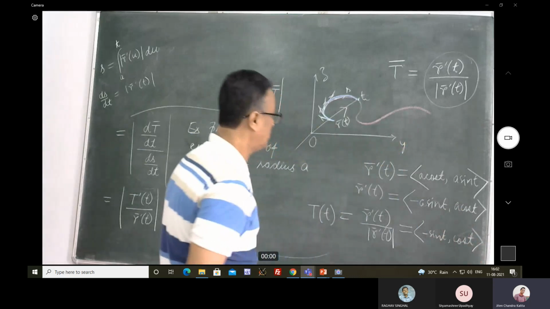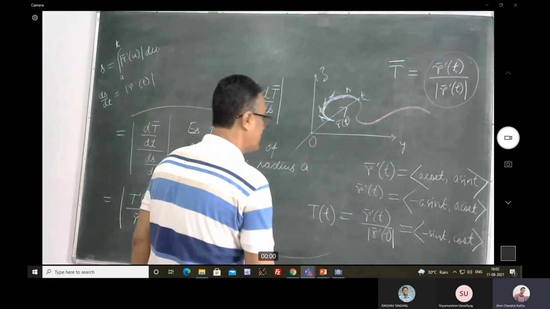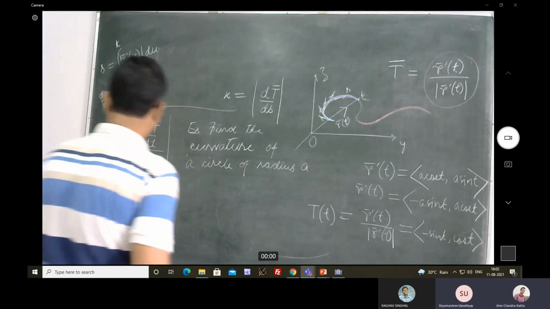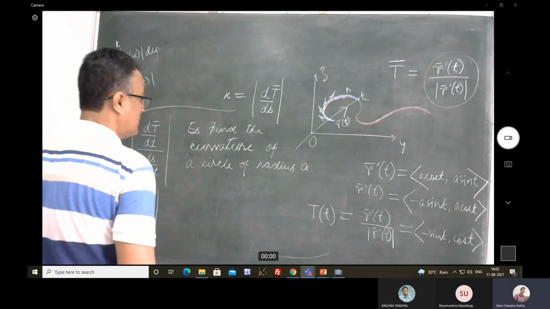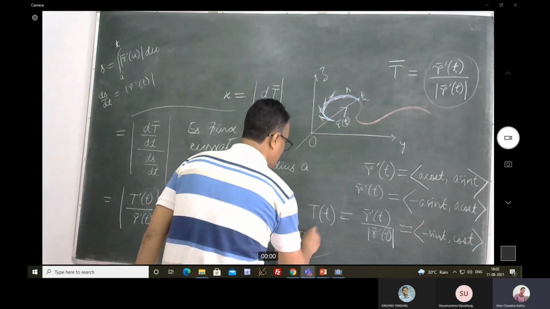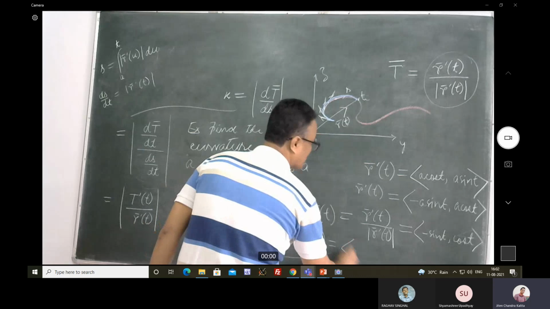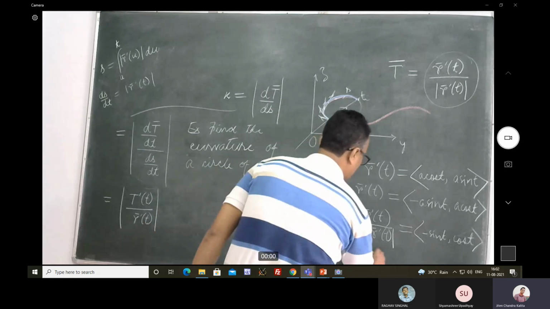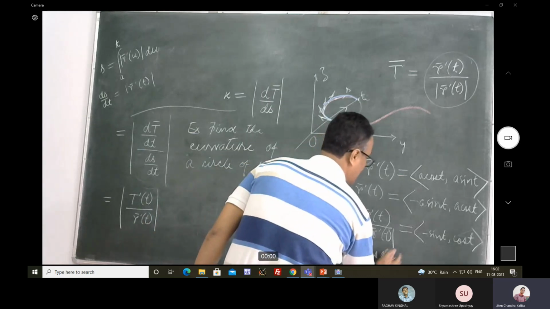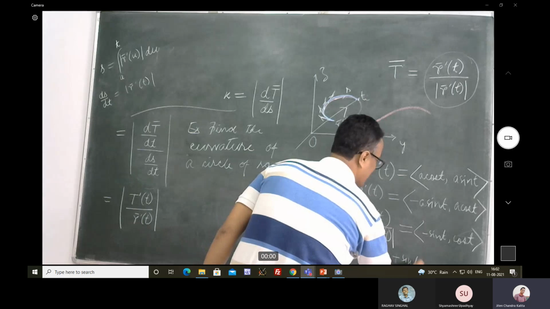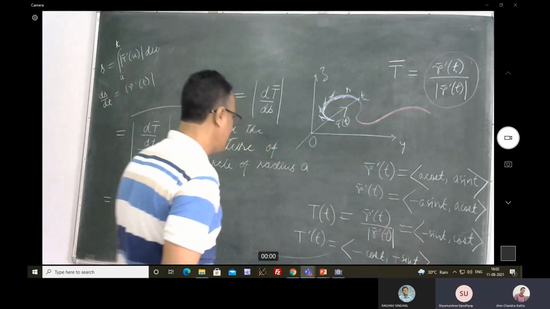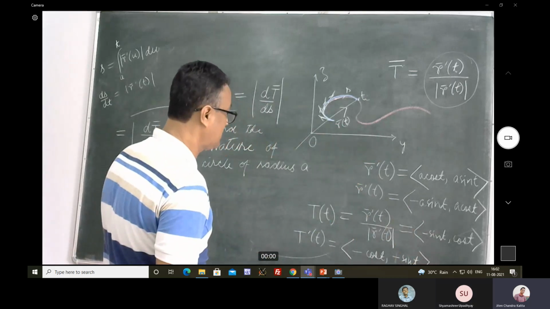Now if I want to find T prime t, this is simply minus cos t, minus sin t. Sir, did I make some mistake here?